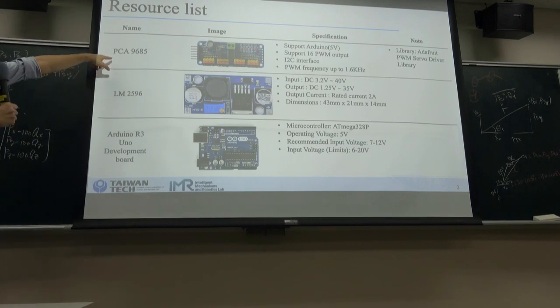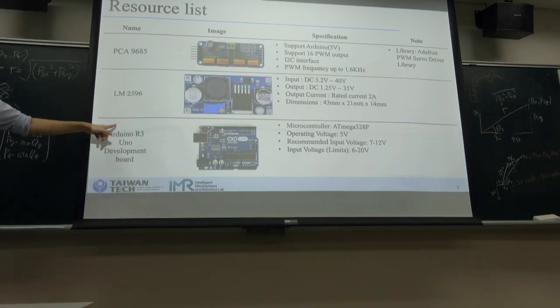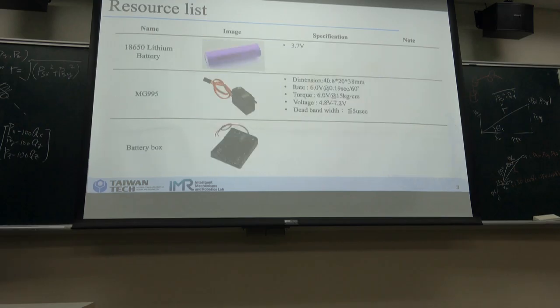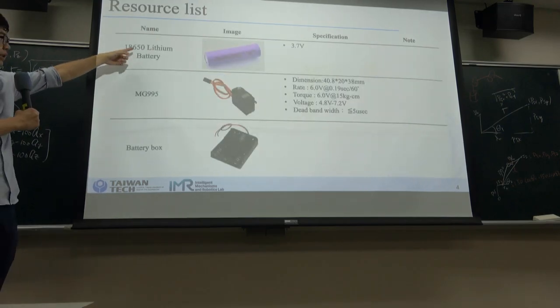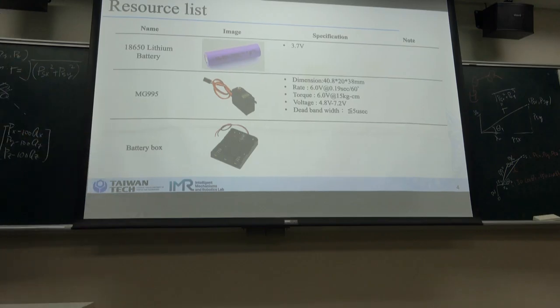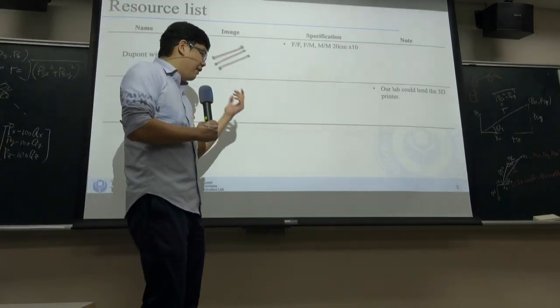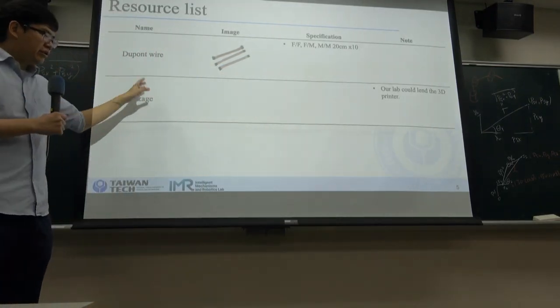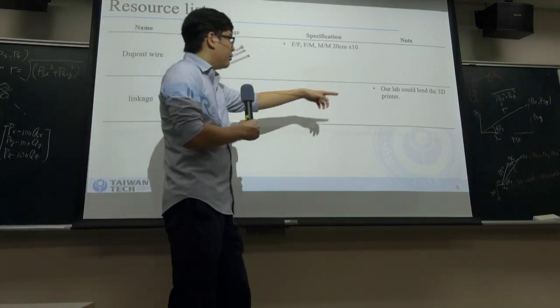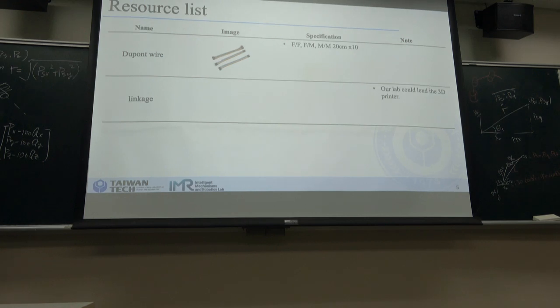So this is the PCA9685, and also this one, and the Arduino Uno, and batteries, and 4 motors, and also a battery box, and wires, and the linkage. After you have designed your linkage, you can come to our lab to use the 3D printer, or if you have 3D printers in your own labs, then it's all fine.